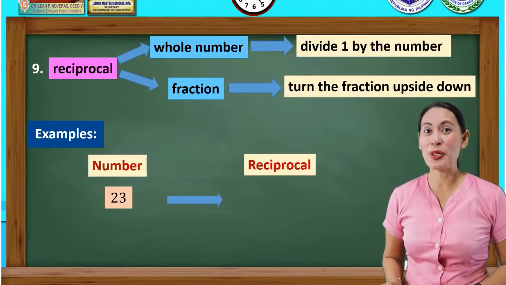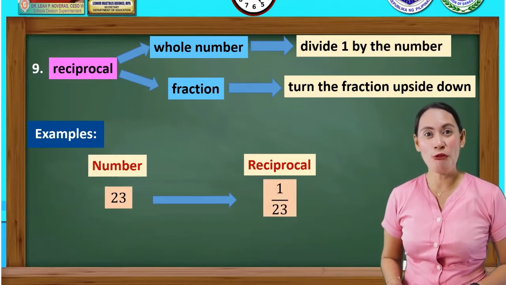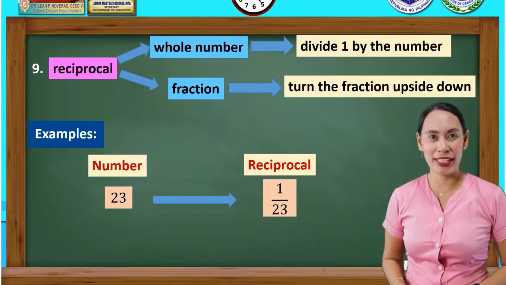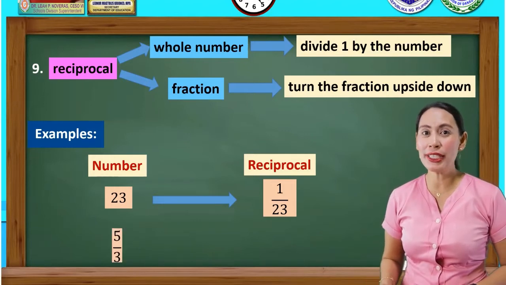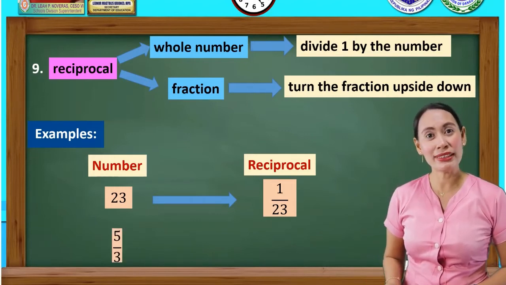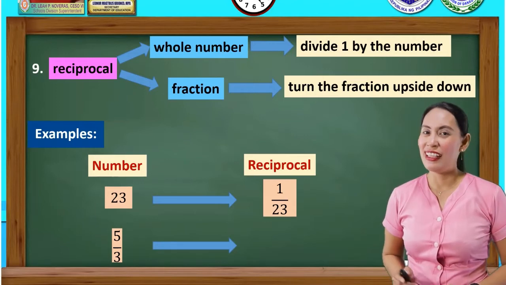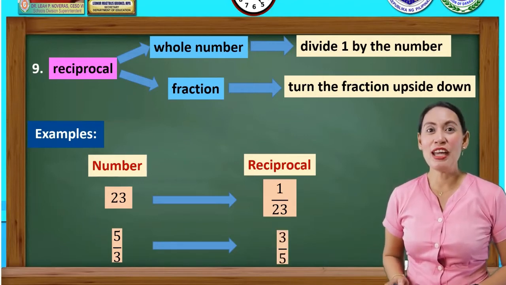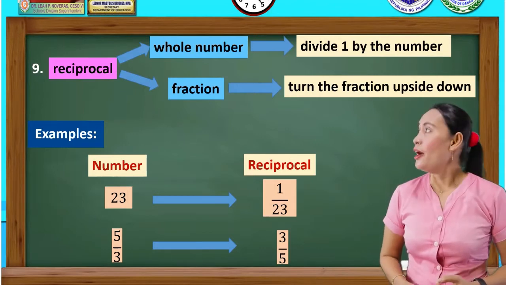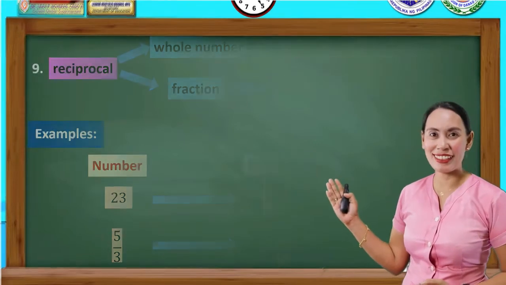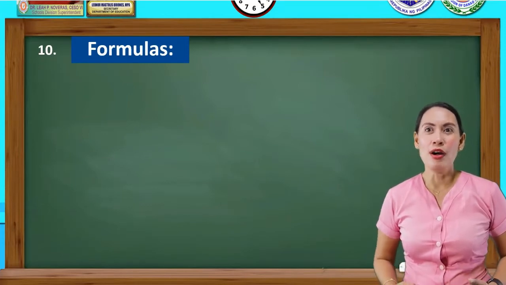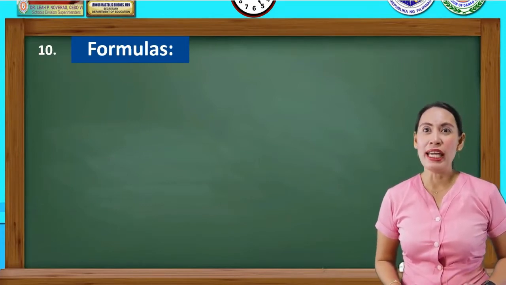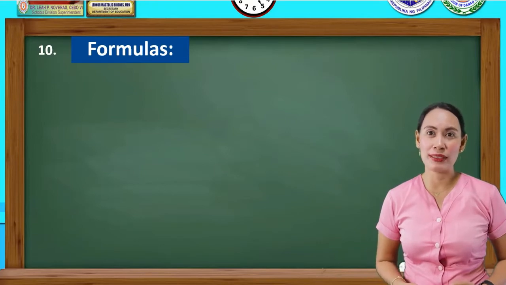Yes, the reciprocal is 1 over 23. Next, if the number is 5/3, what is the reciprocal? Yes, the reciprocal is 3/5.